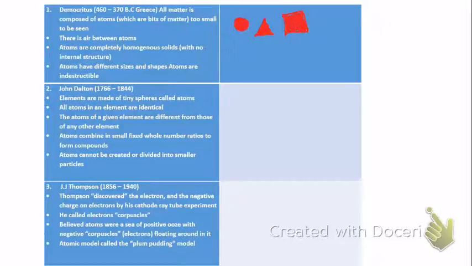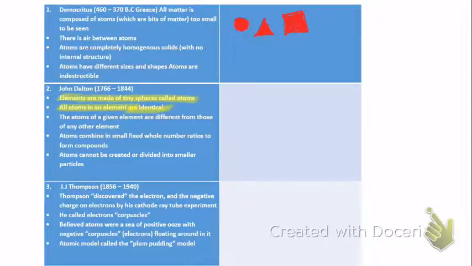He's going to propose some ideas that I want you to know about his theory about the atom and the model of it. First of all, the elements are made up of tiny spheres called atoms. All atoms of an element are identical. All right?